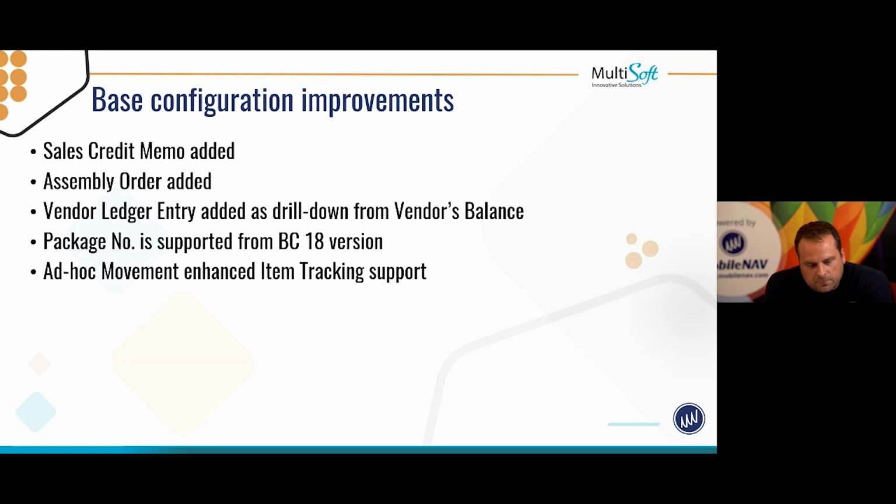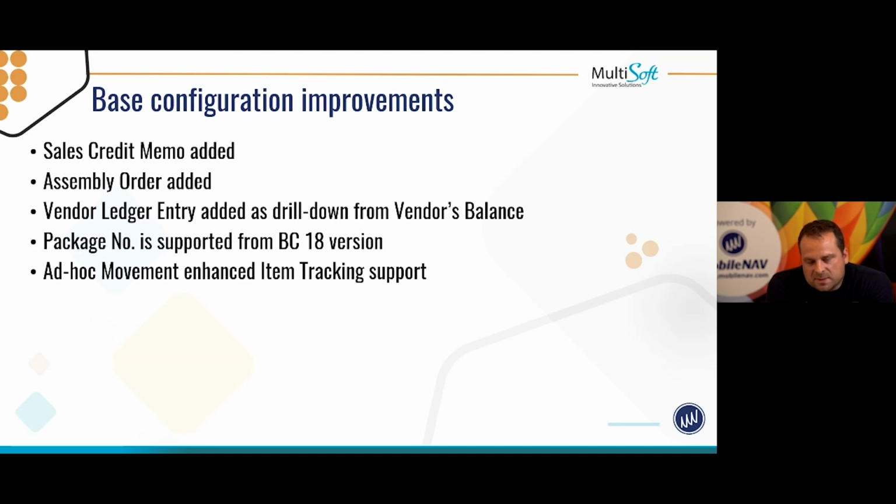And one more big change, we have introduced the package number, which is a new feature of Business Central from version Business Central 18. Package number is a third dimension of item tracking. So besides serial number and lot number, you can also define package number.